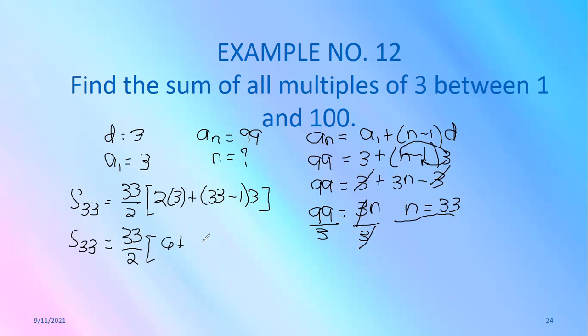Okay, that's 96. And 33 over 2 multiplied by 96 and 6, that's 102. Okay, so hanapin natin ang sum of 33 numbers between 1 and 100 na mayroong multiple of 3. So ano na yung nakuha niyo, anong nakuha niyong sagot? So 1,683.